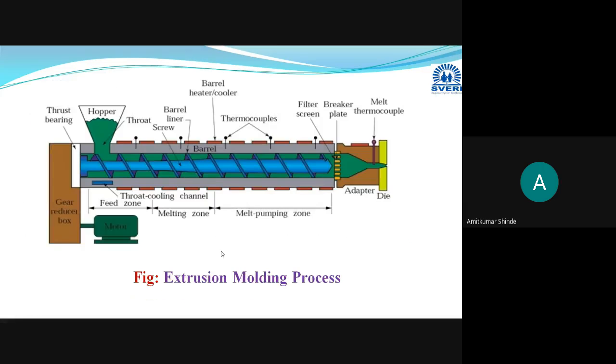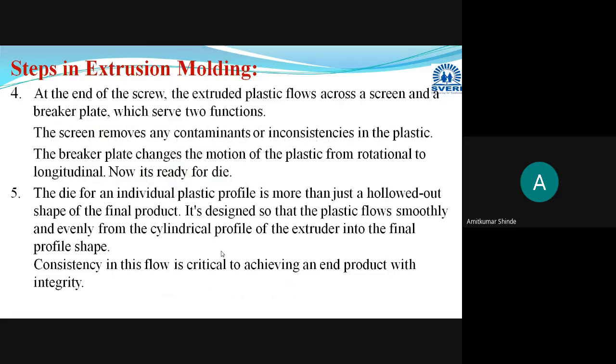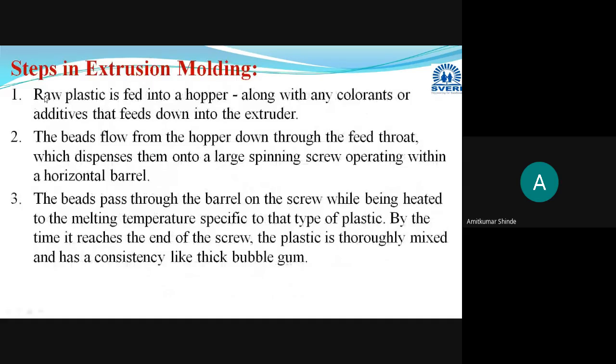Now I will read the stages and show them in the diagram. In the first stage, raw plastic in the form of pellets or granules is fed into a hopper. While adding the pellets or granules into the hopper, if you want to give a specific color or change the properties of the plastic material, in this stage only you have to add the colorants or additives.